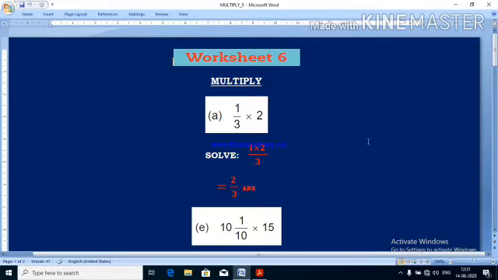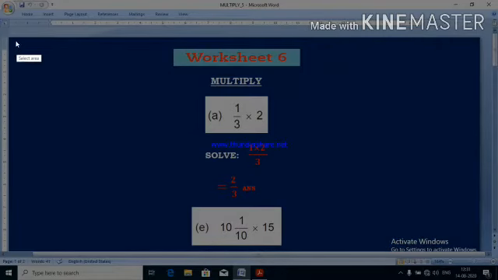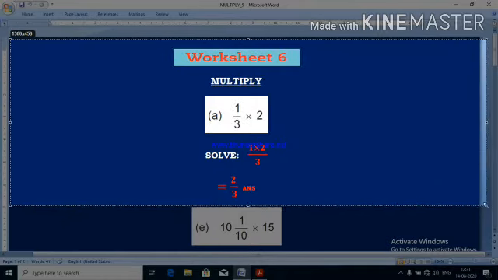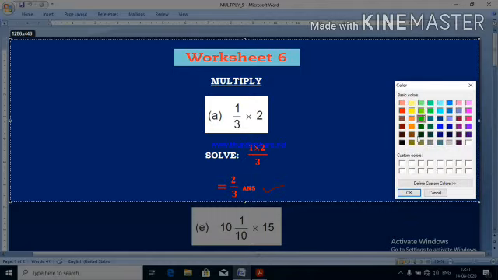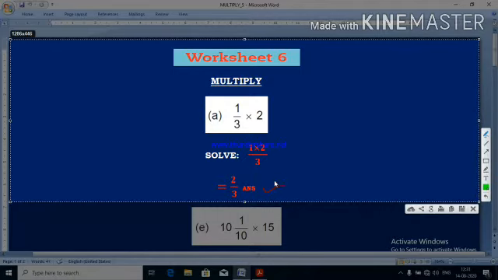In this question we are going to multiply a fraction, 1 by 3, into 2. So 1 into 2 by 3 is equal to 2 by 3. Okay, so this is your answer.